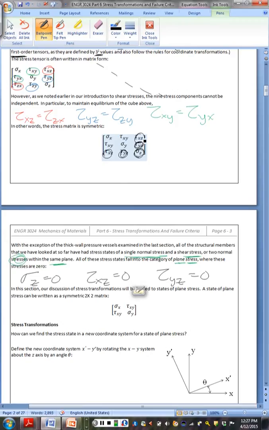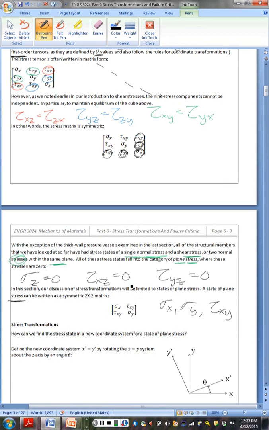So we end up with a plane stress case where we have sigma x, we have sigma y, and on the diagonal we have our shear stress tau xy. This is the state of plane stress, and this is what we will be dealing with. We have up to 3 values, sigma x, sigma y, and a single shear stress.